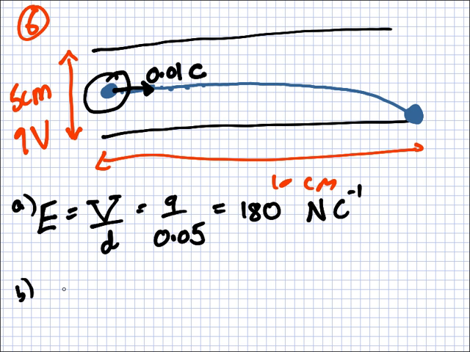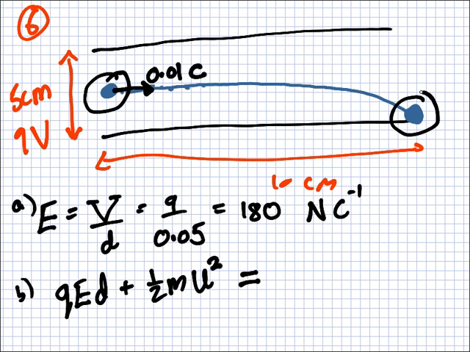So the potential is QED plus a half u squared, the speed at the beginning. That should equal, now what energy does it have here? Only kinetic actually, because it's at the bottom, it's hit the plate, so, well, it's no height. So a half v squared. Okay.